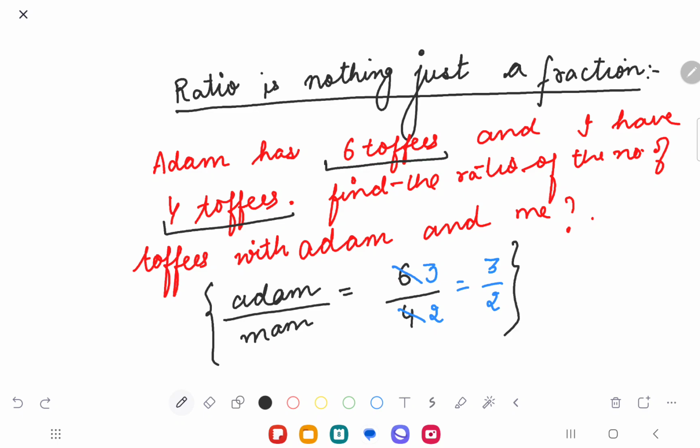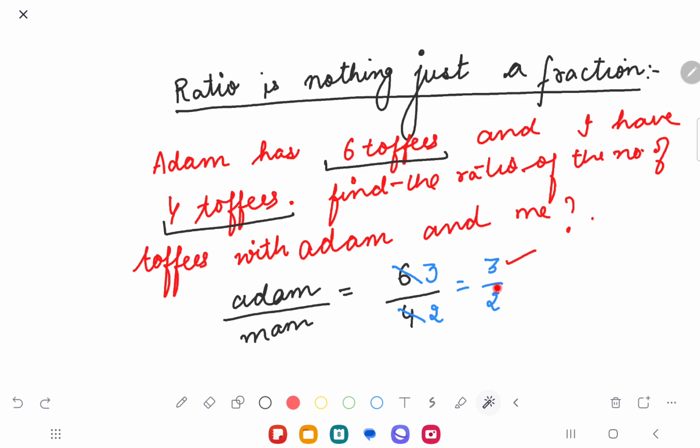Understood? When this is 3 over 2, Adam, what would that mean? Do you really have three toffees? No. Do I really have two toffees?